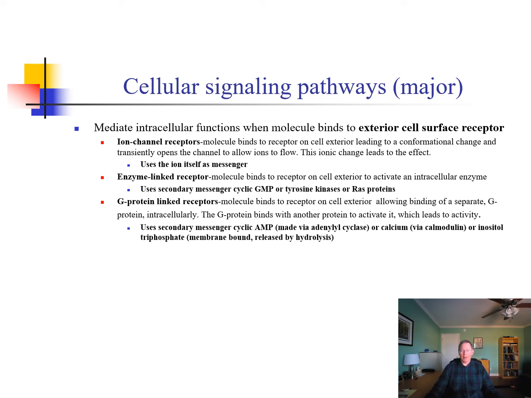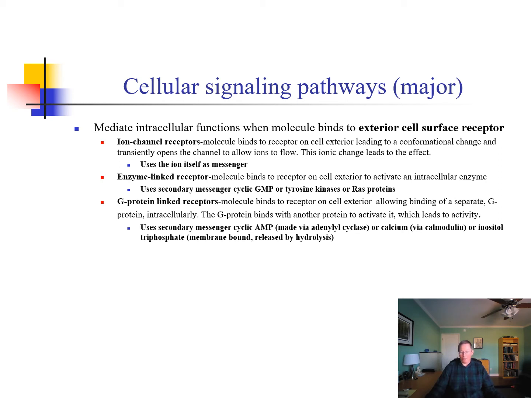But I'm going to talk about 4 major types. 3 of them are related to a molecule binding to an exterior cell surface receptor. And one of them is an intracellular receptor. So the 3 that are exterior cell surface receptors are ion channel, enzyme-linked receptor, and G protein receptor.